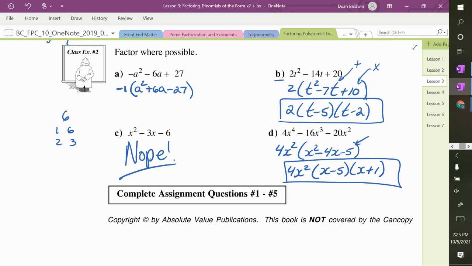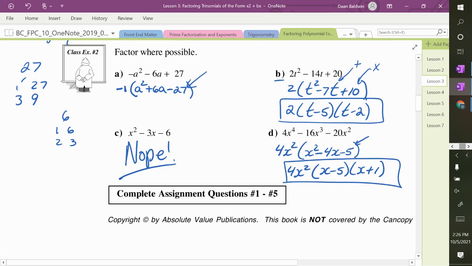All right? Now we look for two numbers that multiply to -27 and add to 6. Do the factors of 27. 1 and 27. 3 and 9.